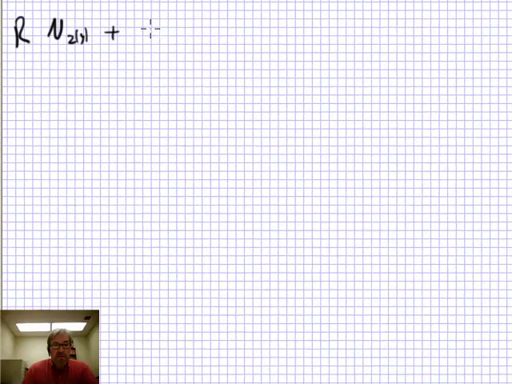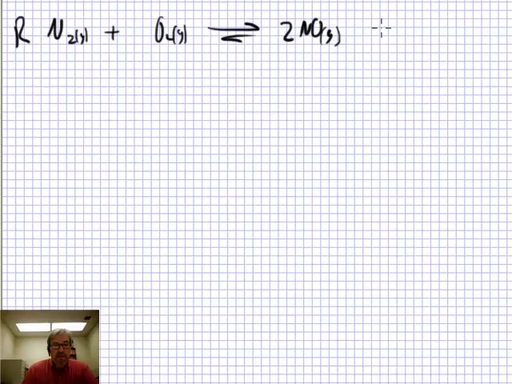Again, I'm going to establish a RICE chart here. The reaction is N2 gas plus O2 gas in equilibrium with 2 NO gas. And I know that Kc for this reaction is 4.8 times 10 to the negative 31. And my job is to figure out what the concentration of NO is when I'm at equilibrium.